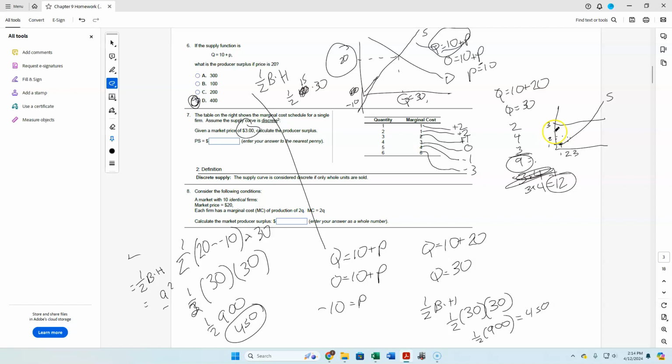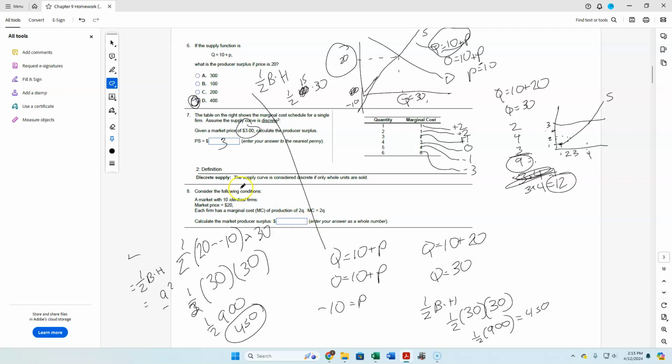Oh, my picture's horrible. So essentially, again, we're trying to sum up those differences between the marginal costs and the price here. So in my case, I just have a total difference here of 3. But again, your numbers may be different than mine.